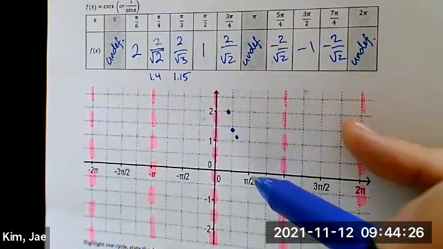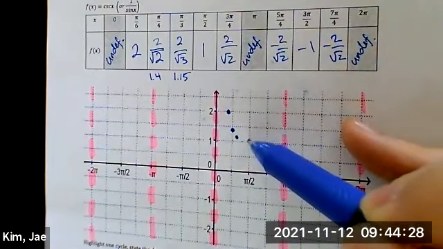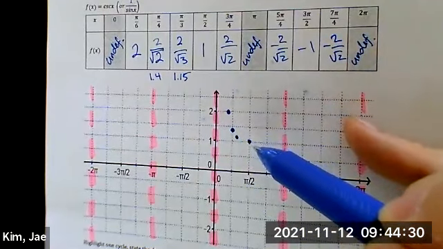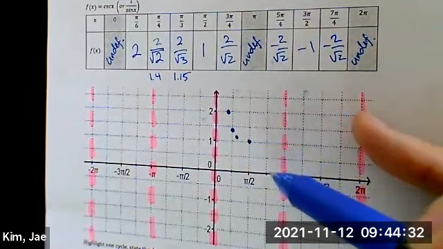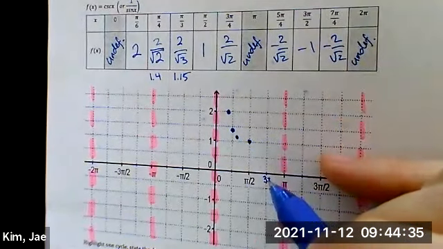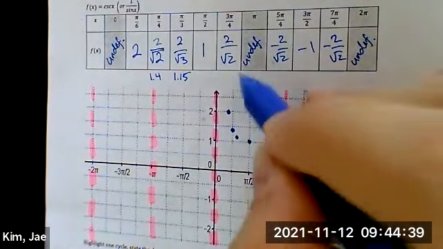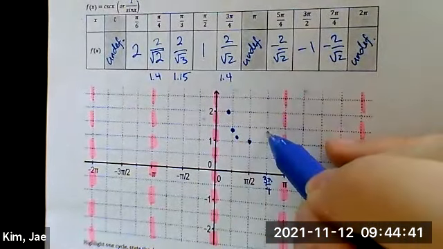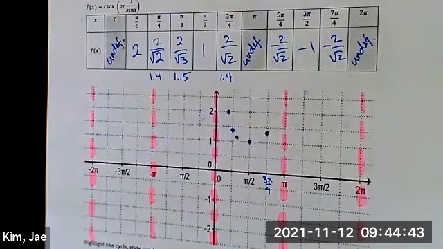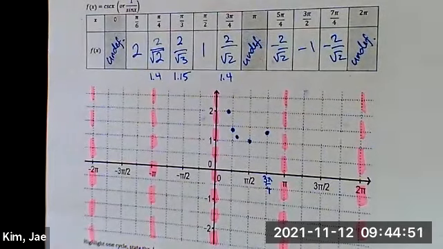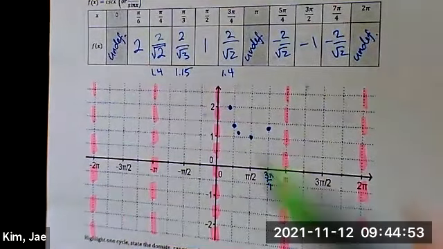And then at pi over 2, I have a 1. And you think you would continue going lower, but at 3 pi over 4, I go back to a 1.4. What do you think that's going to do as I approach the vertical asymptote? Yeah, it's going to look like this.